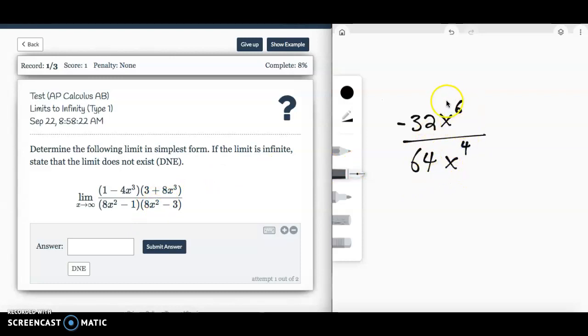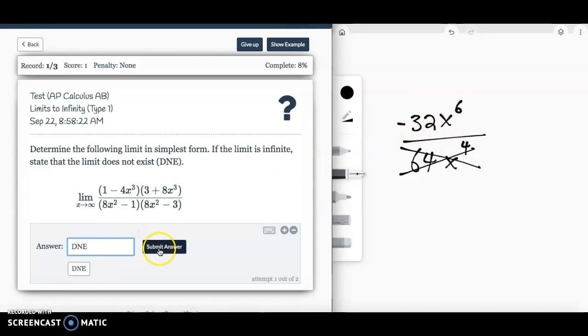And so since my largest degree is on top, I know I'm going to go towards infinity or negative infinity, and I just have to pay attention to what I'm approaching, as well as my exponent, as well as if it's multiplied by a negative number or not. So if I have an infinity to the 6th, that's positive, but then I multiply it by negative 32, and that would end up giving me a negative infinity.